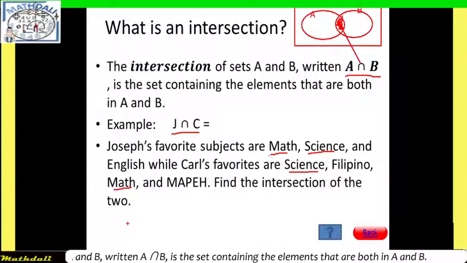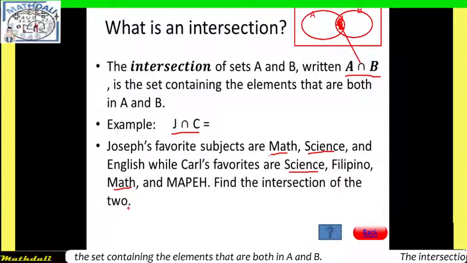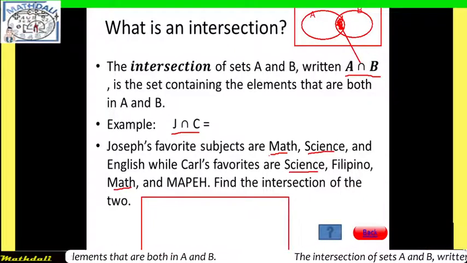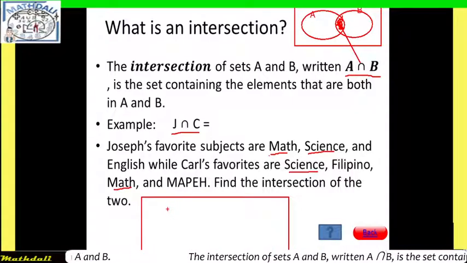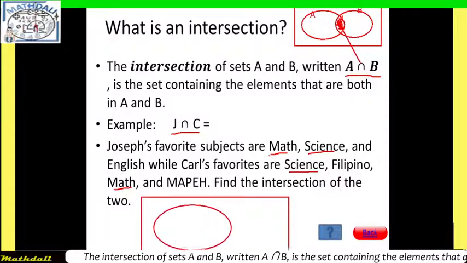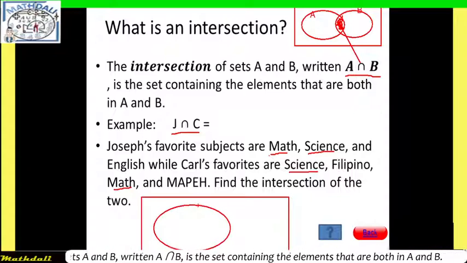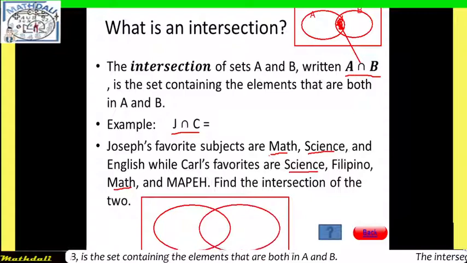So how are we going to illustrate that using the Venn diagram? Again, we have the rectangle, and in the rectangle we have the representation of the favorite subjects of Joseph, then the representation for Carl.